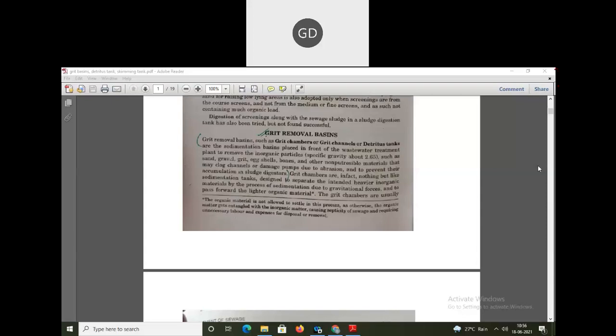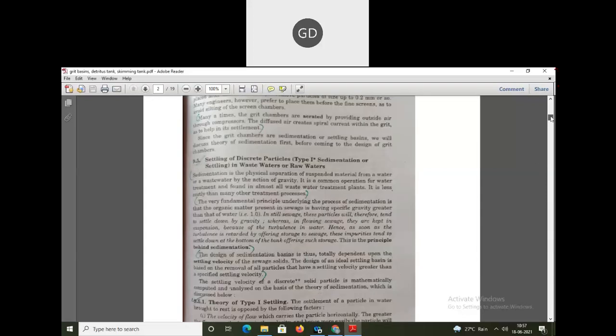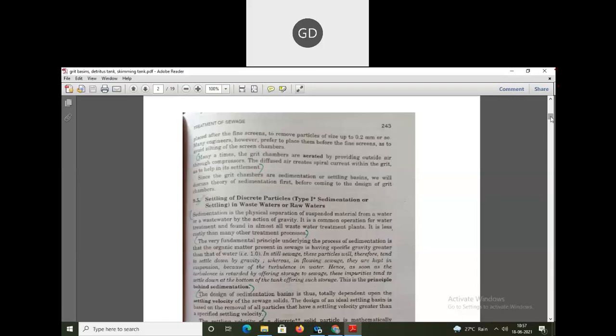Next, there is actually a theory behind the settling that happens in a grit removal basin.